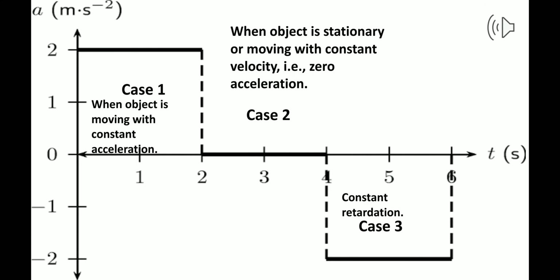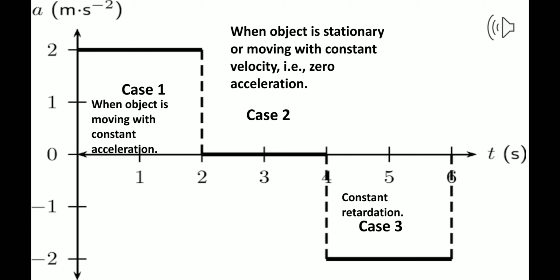In this graph, case 1 is a straight line parallel to the time axis, and that too on the positive side of the x-axis. So this is the case when the object is moving with constant acceleration.